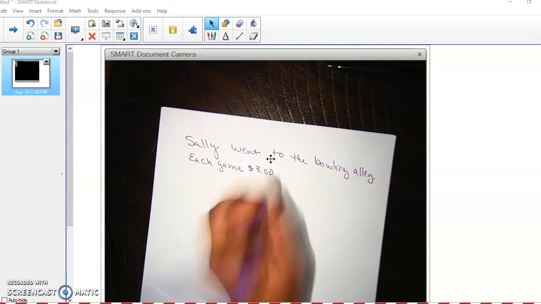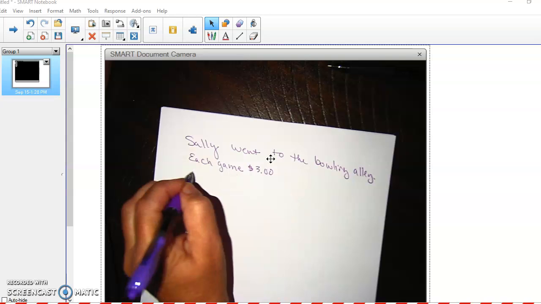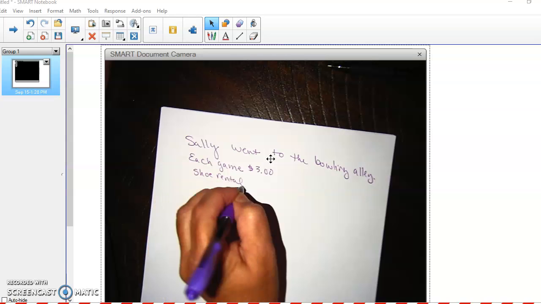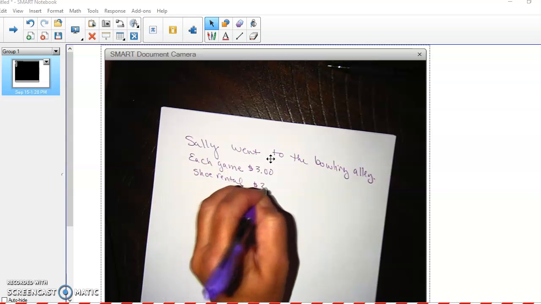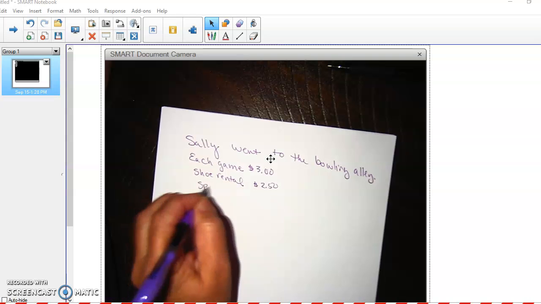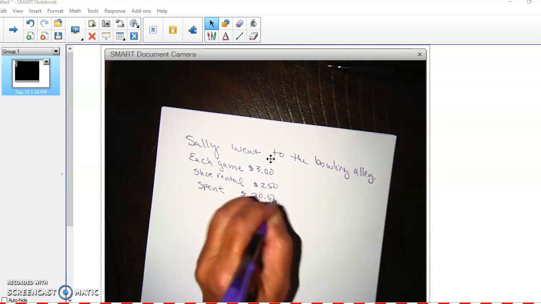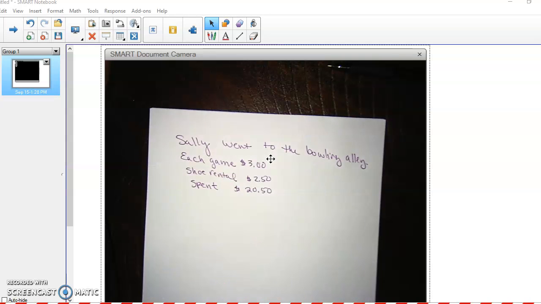She spent shoe rental is $2.50. She spent $20.50. I know you guys can figure this out by guessing and checking, substituting in, but you have to in algebra write an equation.